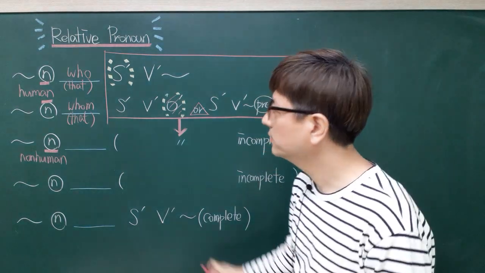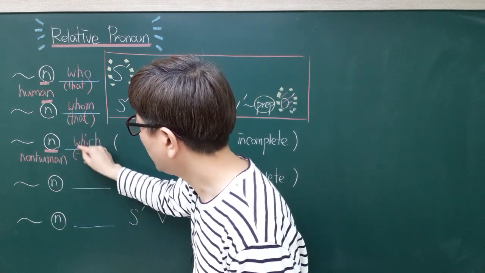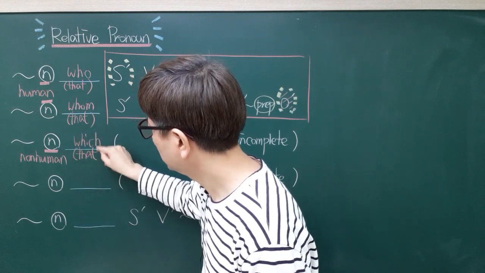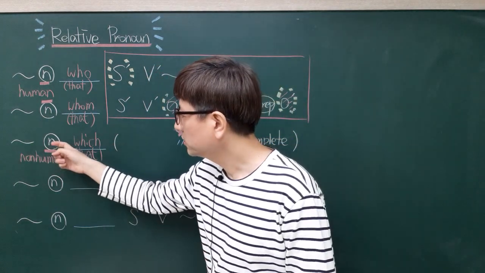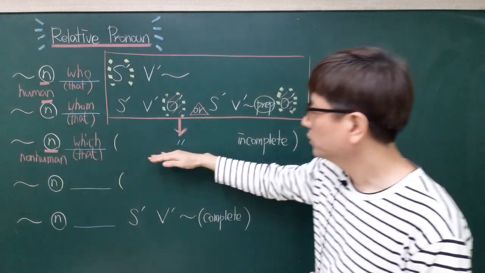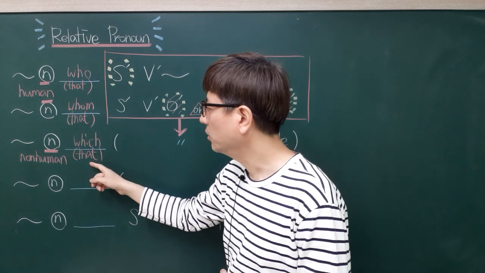Then we should have which. That is okay as well. The noun is non-human, and we have an incomplete sentence behind it, and we should have which or that.